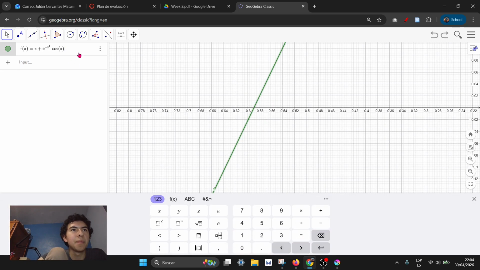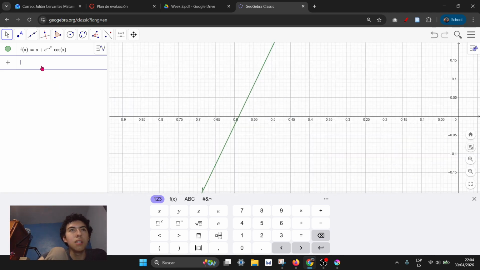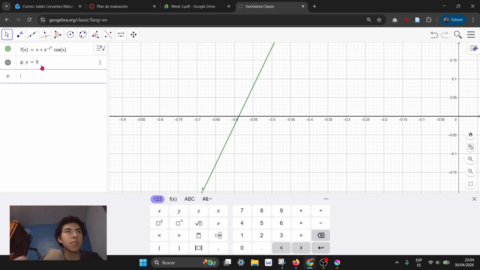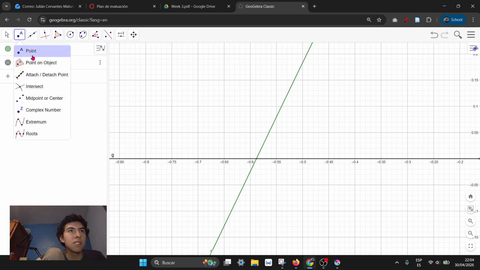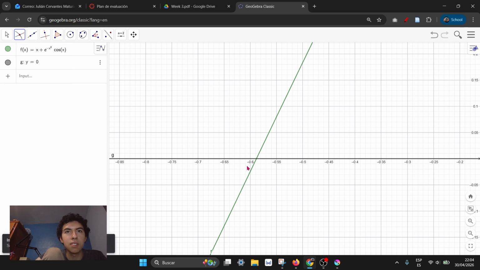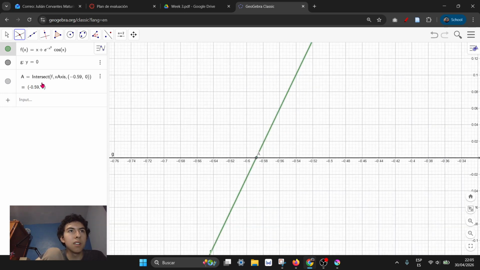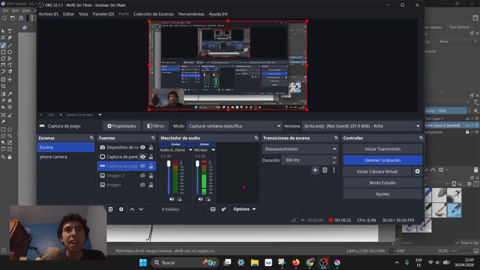Hold up. Oh wait, y equals 0. We do an intersection point between the two of these. Intersect between this one and this one. It's gonna have a value of around 0.59. So that's nice, I guess.